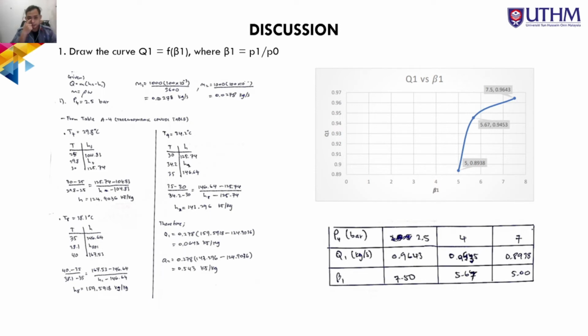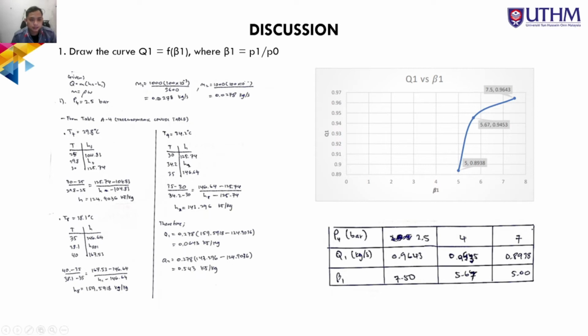And then as for the pressure 2.5 bar, we obtain the temperature as well from the data as we did the experiment, which is 29.8 degrees C. In order to find the H, where H is the enthalpy for temperature 7, and then we find the enthalpy for temperature 8, where we get H8 is 159.591, and the same goes for temperature 9.